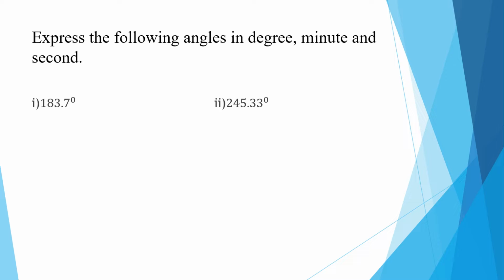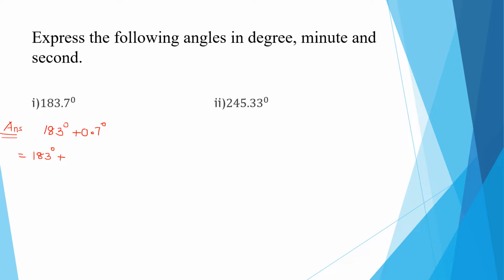So here they have given it is 183.7 degree. I want to convert this into proper degree, minutes and second. So I'll write this as 183 degree plus 0.7 degree, correct? 183 degree is complete. Now I'll convert 0.7 degree into minutes.